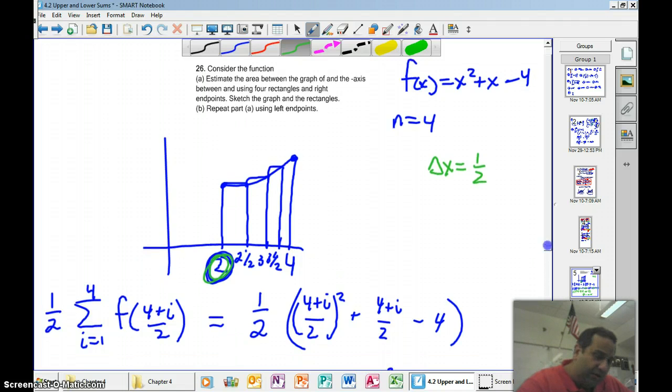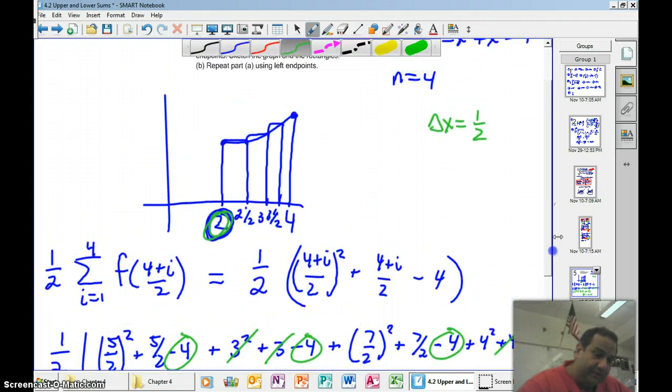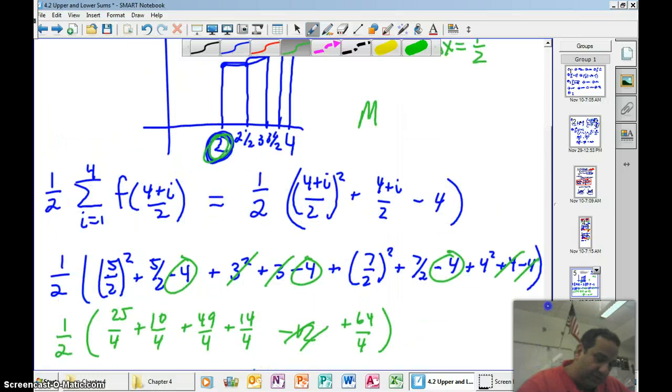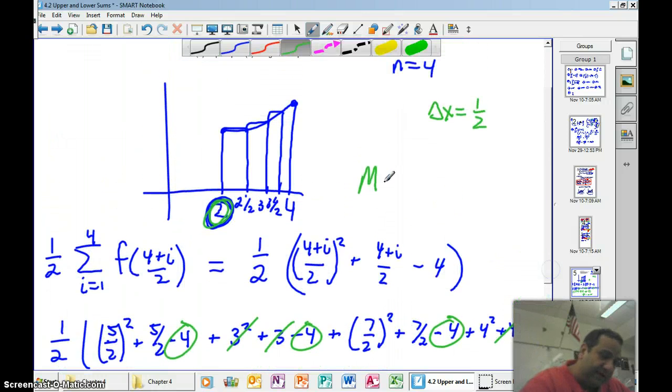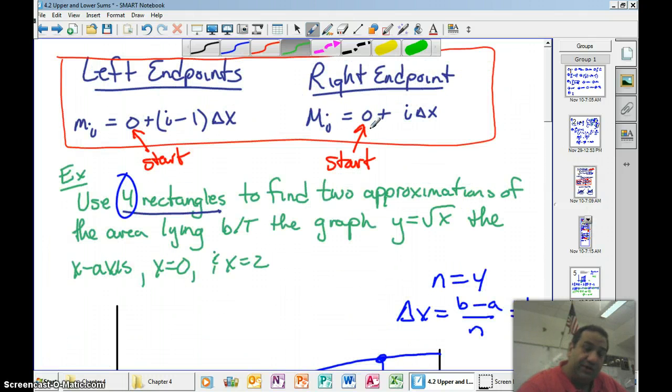But then when I do the endpoints, check this out. This one looks like the left endpoint. So this is little m of i. And remember, on the other page for the m of i's, it's where to start.